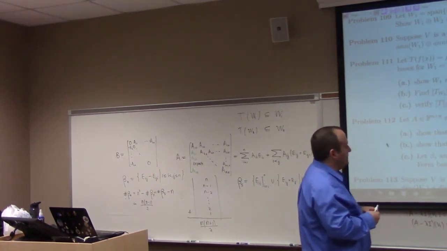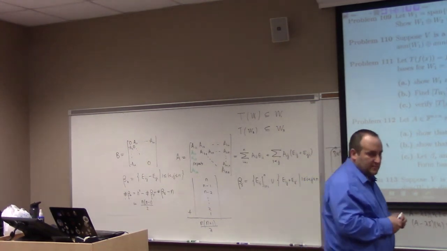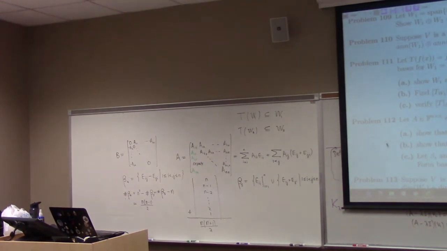All of that said, there's a way to argue this problem without explicitly writing either set of bases. You can just use the theory alone and well-thought arguments to avoid actually finding bases for part C. When it says form a basis, what does that mean?